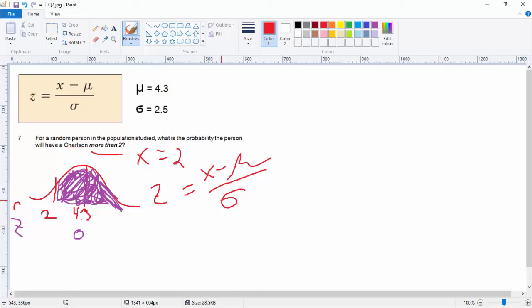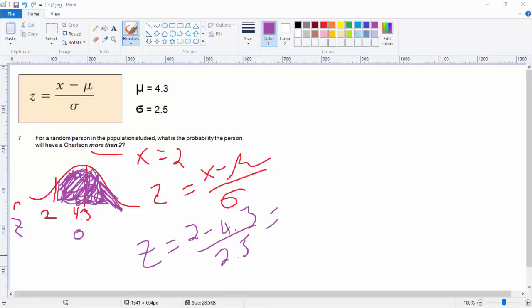I just rewrote literally what's in the upper left hand corner because I always have to do that for some reason. Now we're going to fill it in. Let's choose purple. So this is going to be z equals 2 minus 4.3 divided by 2.5. So now we're getting a z, and you're like, okay, we're getting a z.